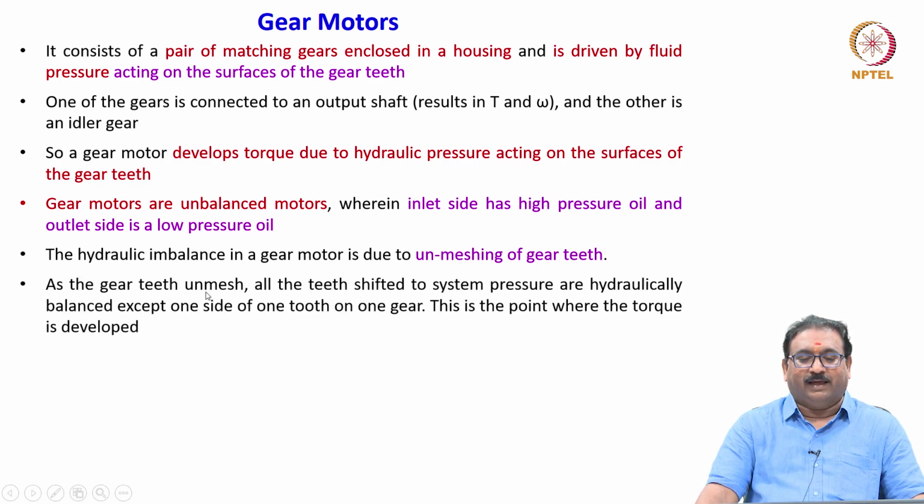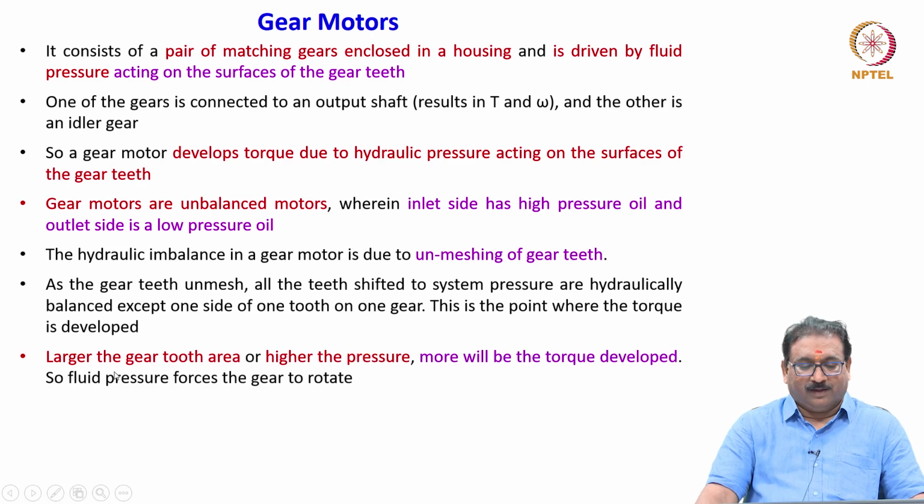As the gear teeth unmesh, all the teeth exposed to system pressure are hydraulically balanced except one side of one tooth on one gear. This is the point where the torque is developed. The larger the gear tooth area or the higher the pressure, the more torque is developed.